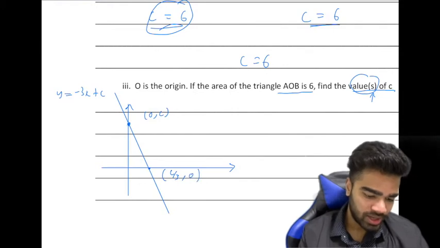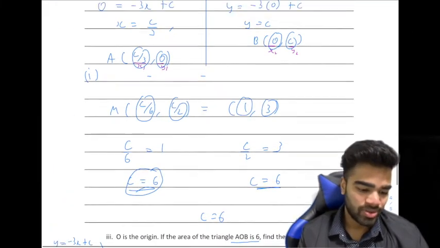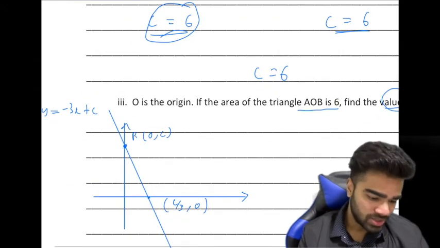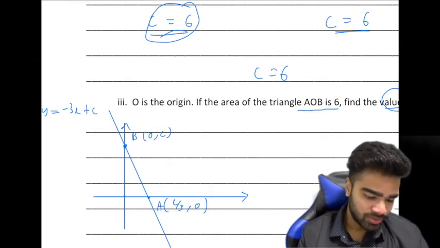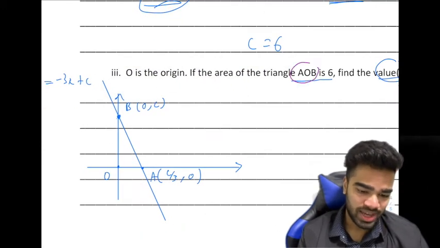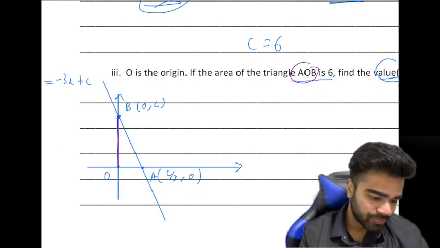So c on 3 and 0. Remember, the y-intercept was coordinate B. The x-intercept was A, and the origin is O. In this question, they're saying that this triangle AOB, so this triangle A to O, is here.